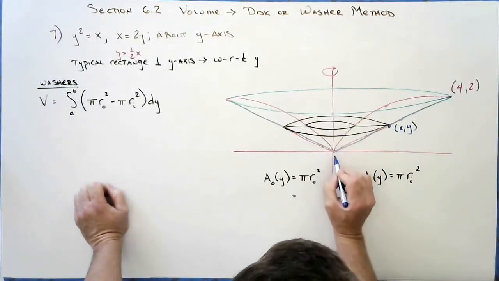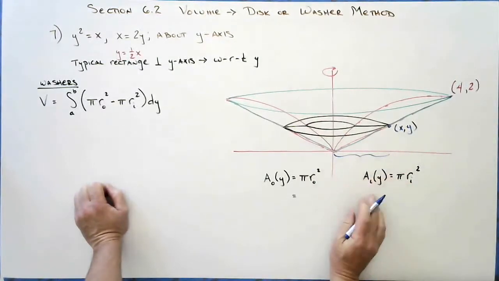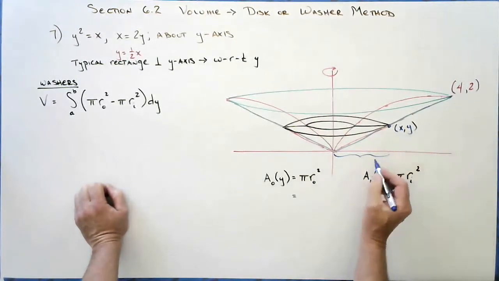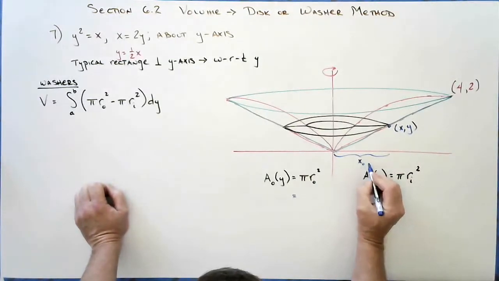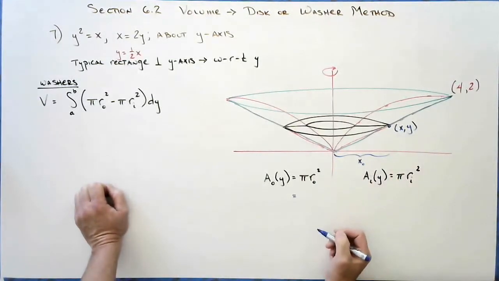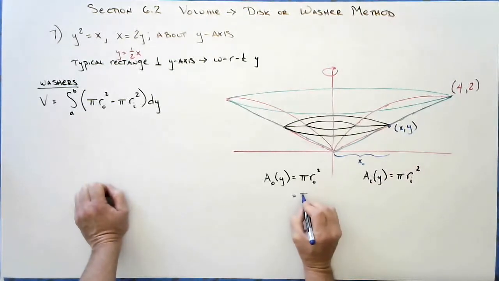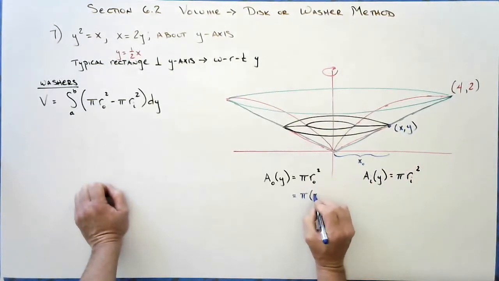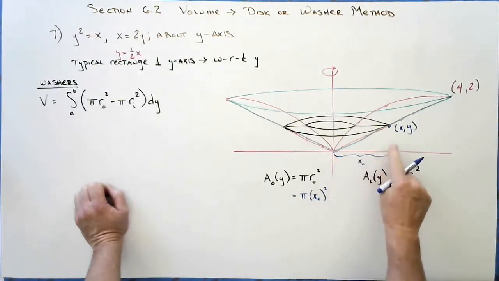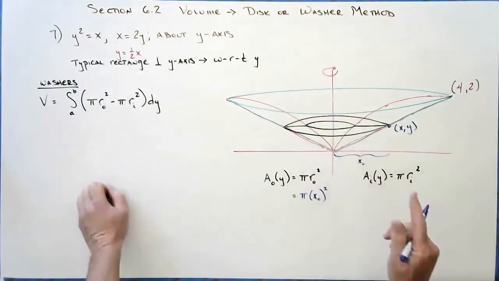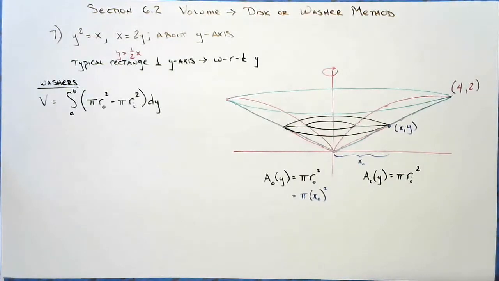My radius starts here, ends there. Well, that's x, and we can even put a little O on there and say that's our outer x. So that's going to be pi times my outer x squared, because the distance from 0 to this point horizontally, based on how we use the Cartesian plane, is x.